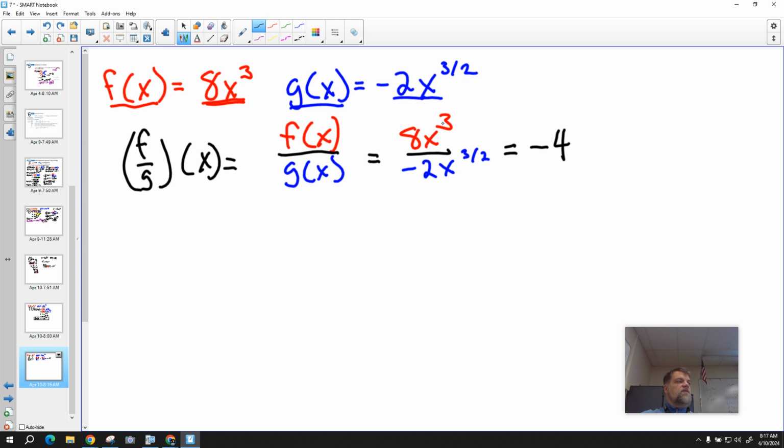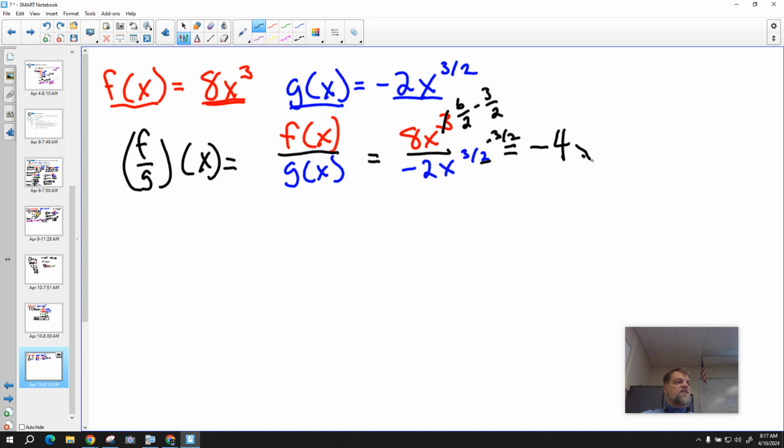Then when we go to do this, because I need a common denominator, I'm going to subtract 3/2 from the bottom on the top. But I need a common denominator, so x to the 3 is the same as 6 over 2. And then when I subtract my minus 3/2 from the bottom, I also have to do it from the top, that's going to give me a different answer.